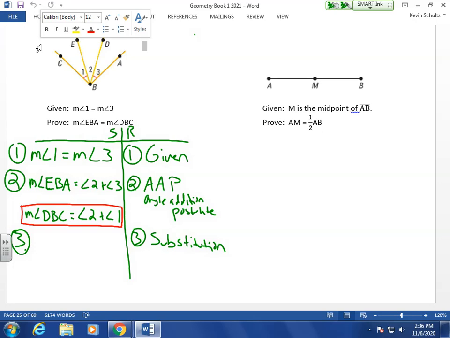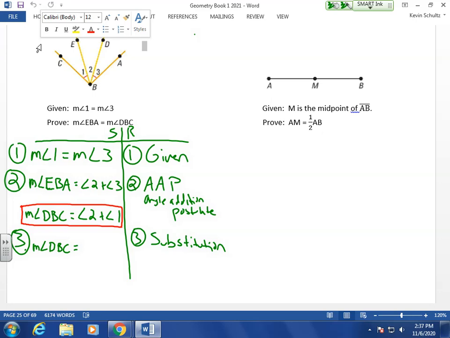So we're still saying something about the measure of angle DBC, but instead of saying it's angle 2 plus angle 1, what else can we say about it that's going to lead us to the goal of comparing EBA and DBC to be the same?